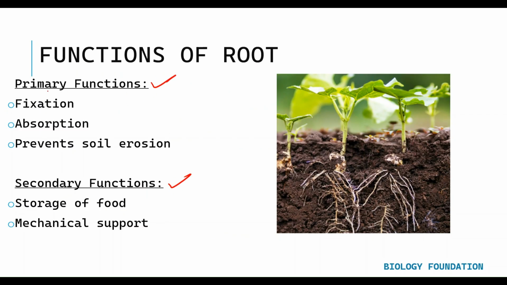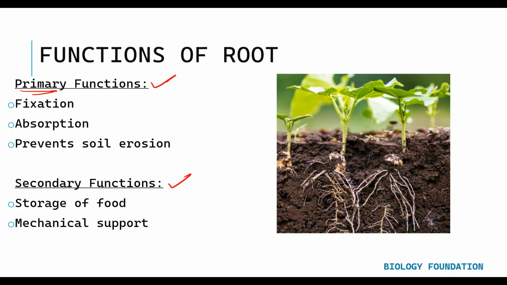What are primary functions? Primary function is nothing but the basic function of a root. Whether it is a tulip plant, coriander plant, tomato plant, a banyan tree, a mango tree, a neem tree, or a tulsi plant, any plant has roots, right?